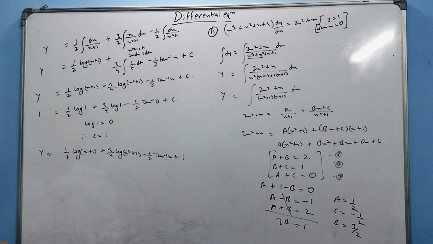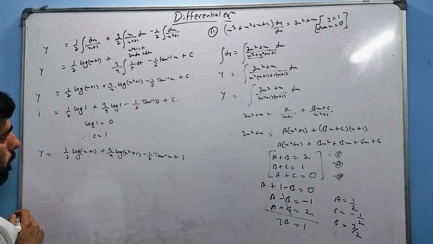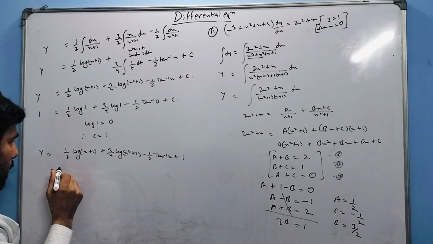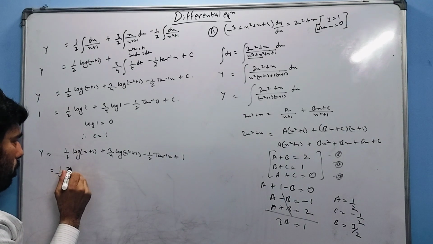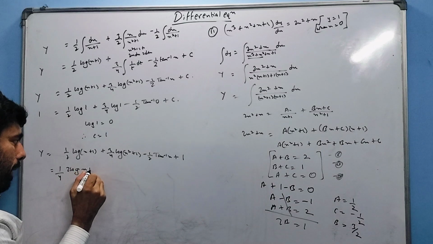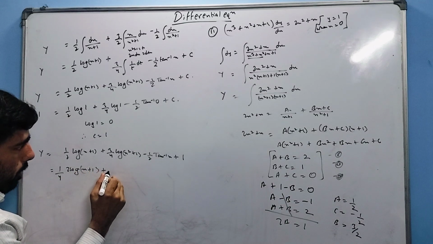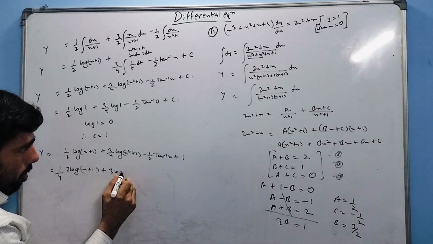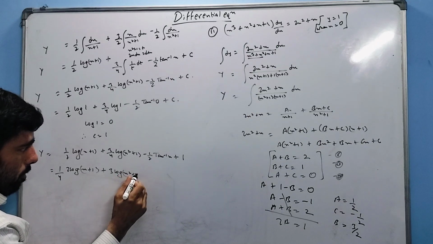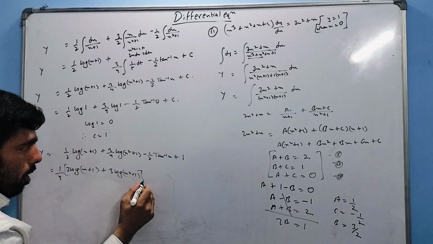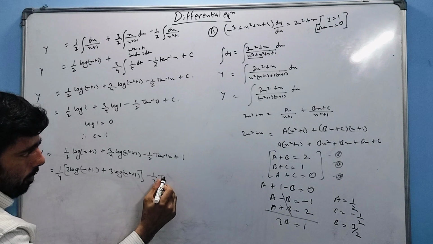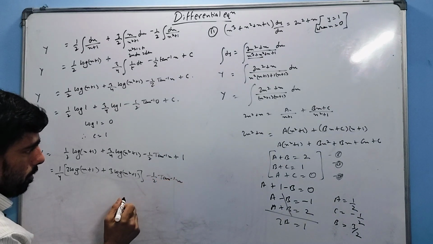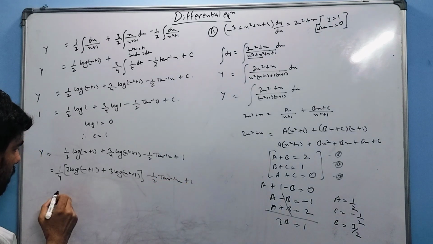Okay, so now what else can we do? We can take the LCM here, and I get 1 by 4 times 2 log of x plus 1 plus 3 log of x square plus 1, minus half of tan inverse x, plus 1. So now what we can do?